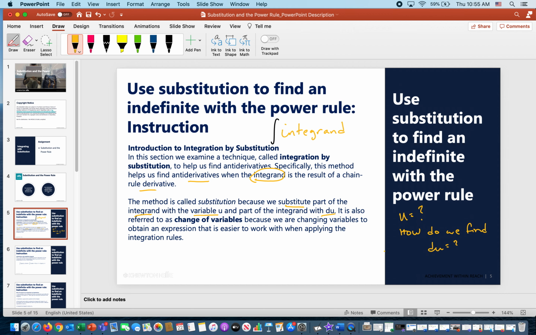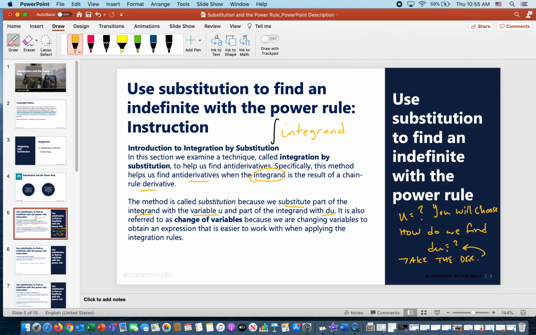One thing to remember is that you will choose u. To find du, we take the derivative. So really the only thing you're choosing is what u equals. Du is determined by the derivative of whatever u is.